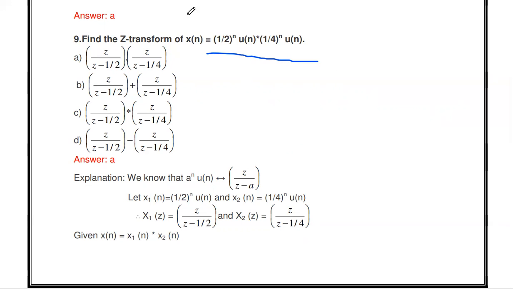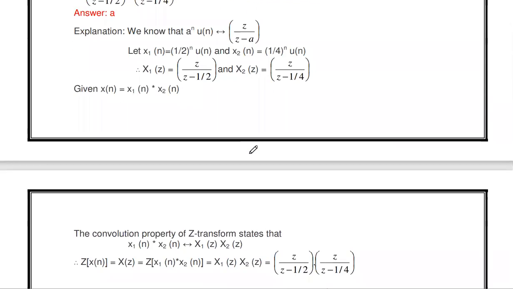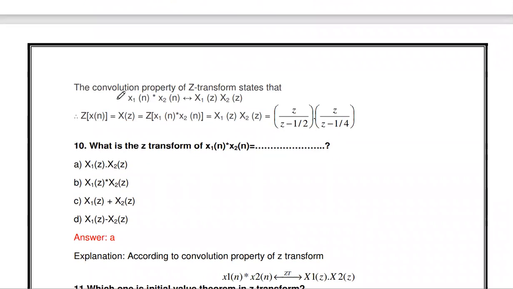In order to solve this problem, we use the properties of the Z transform we studied. In the previous video, one important property is the convolution property. What is the convolution property of Z transform?